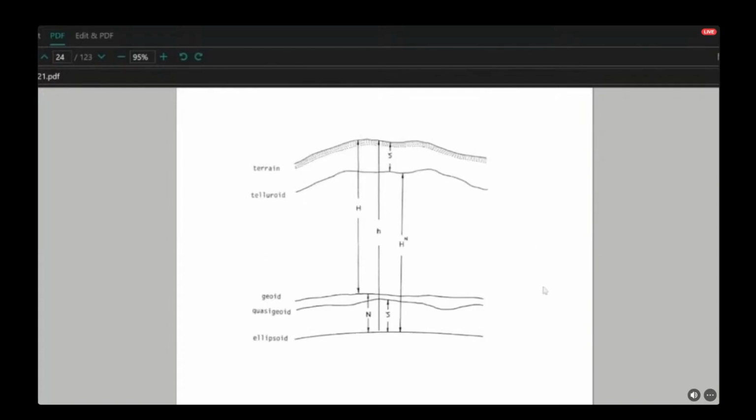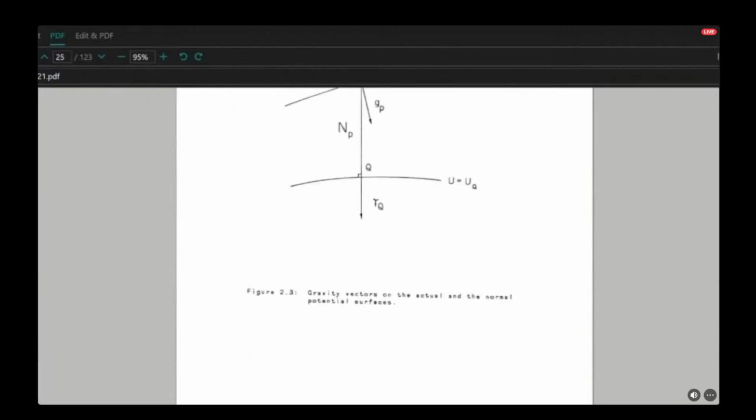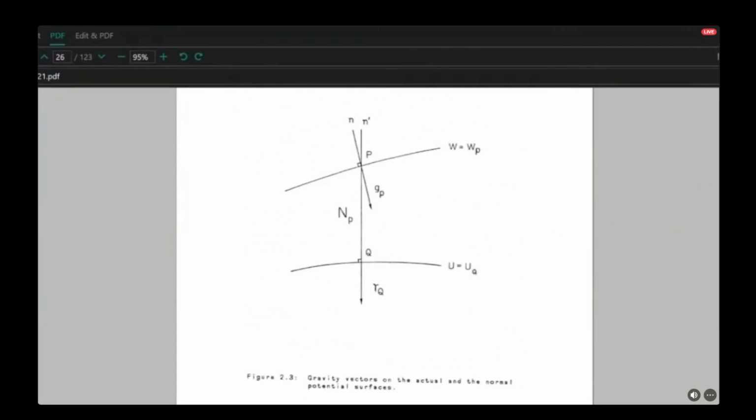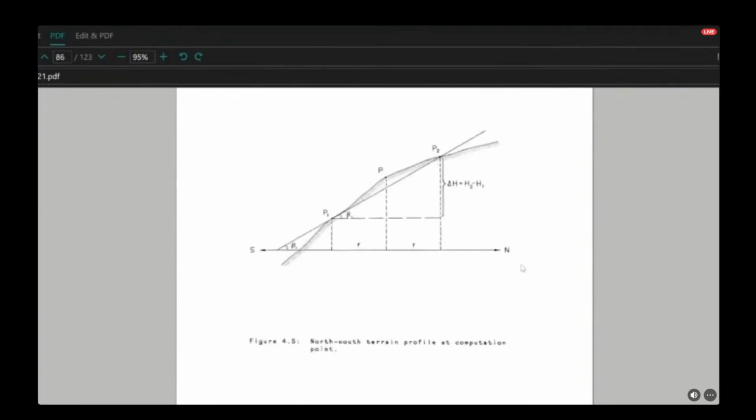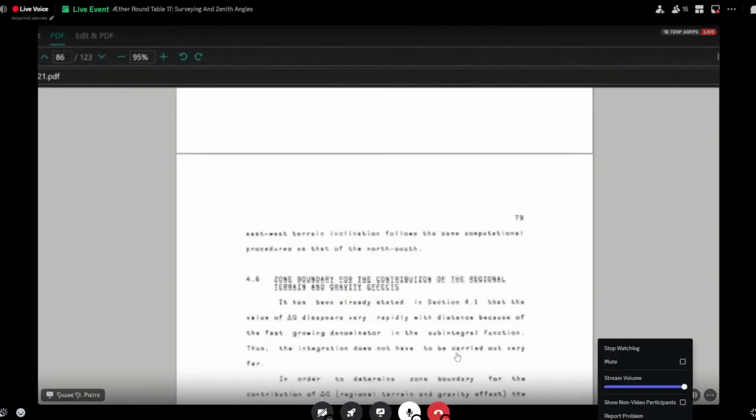So that's what he's aligning. Again, it's a pretty common issue. It's exactly his gravity vector on the actual and normal potential surfaces. And his deflection of the vertical would involve, let's see how much, if we were to find it. Because it would be a significant portion, a couple arc seconds, which would be enough to confuse a measurement, right?